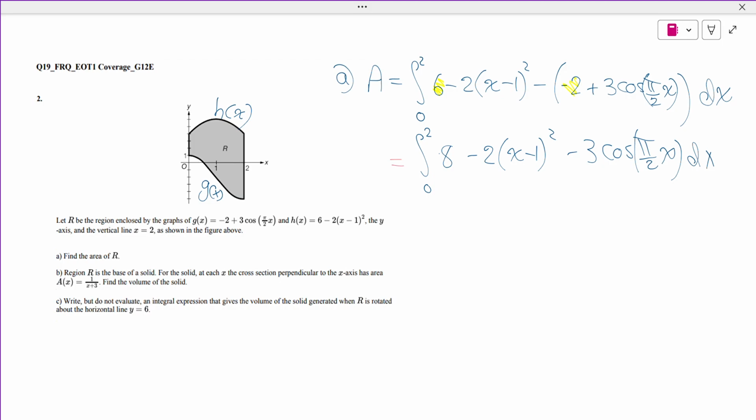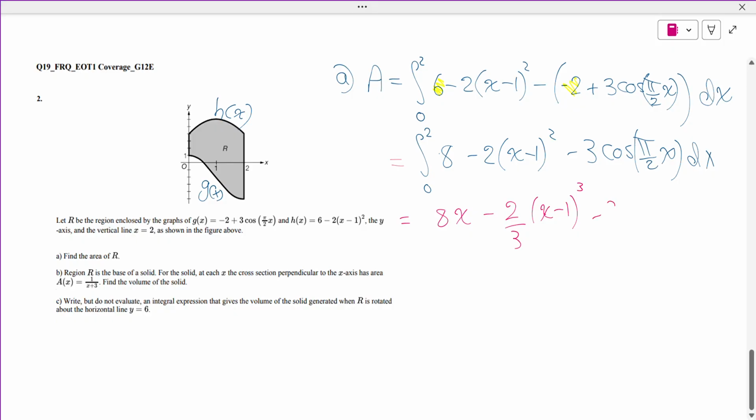Now we can integrate. That is going to be 8x minus 2. Now if we assume that x minus 1 is u, we will have u squared, integrate u to the power of 3 over 3, meaning x minus 1, which is already u, mentally, x minus 1 to the power of 3 divided by 3. So I'm going to put the 3 down here, okay? If you are not feeling comfortable with this, you can just do it using u substitution.